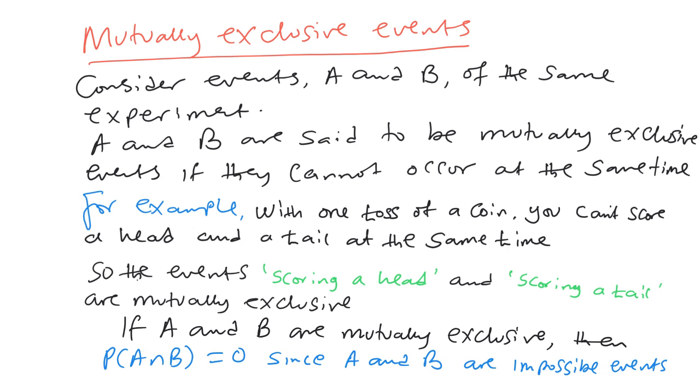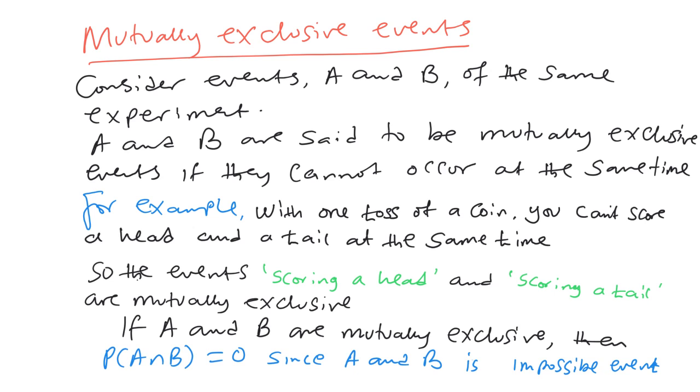It cannot occur. For mutually exclusive events, you can't have A and B. The most important point about mutually exclusive events is that the intersection is going to be 0. That's all you need to know about mutually exclusive events. And as a student, you have to understand which events can be mutually exclusive.